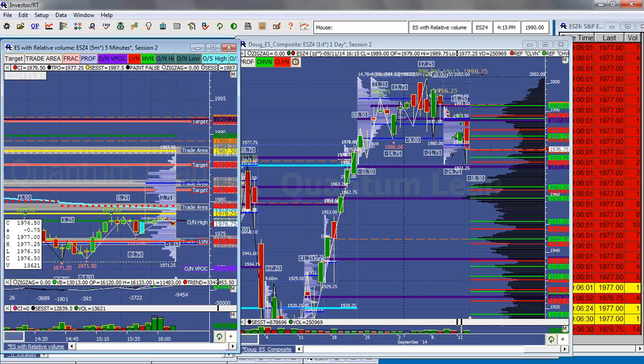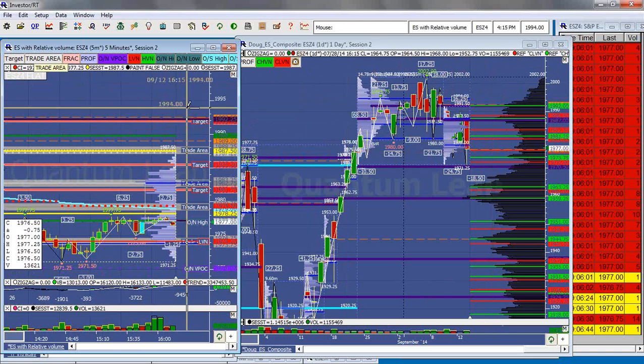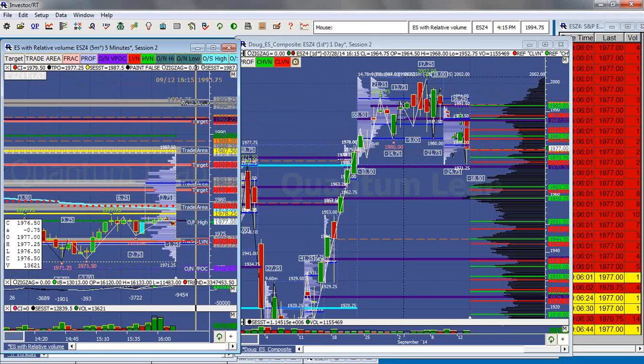And then there's really not much above us until we get to the 94.75. That's the value area high from the microcomposite. So that will be the area that I'll be watching just above us.